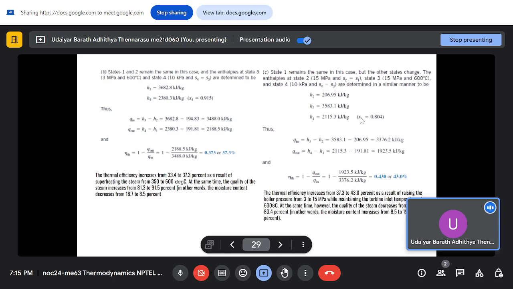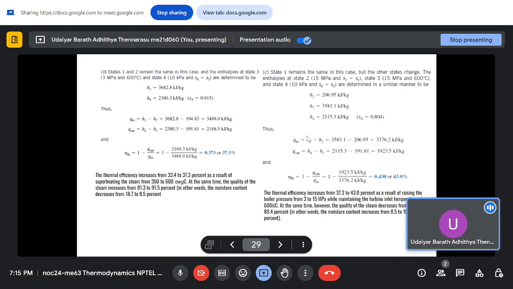Correspondingly, your dryness fraction is 0.804. Previously for 600 degrees Celsius and 3 megapascal, your dryness fraction was 91.5%, but it has come down to 80.4% when you are increasing the boiler pressure.